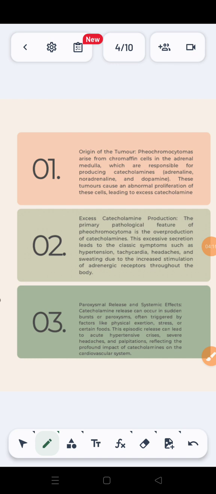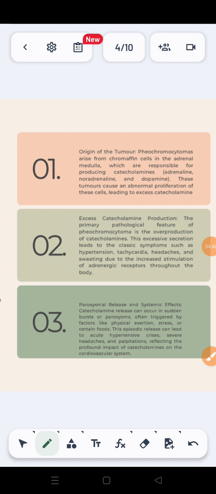Number 2. Excess catecholamine production. The primary pathological feature of pheochromocytoma is the overproduction of catecholamines. This excessive secretion leads to the classic symptoms such as hypertension, tachycardia, headaches and sweating, due to the increased stimulation of adrenergic receptors throughout the body.